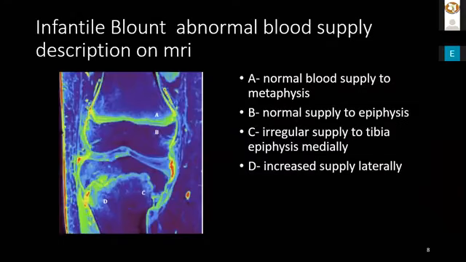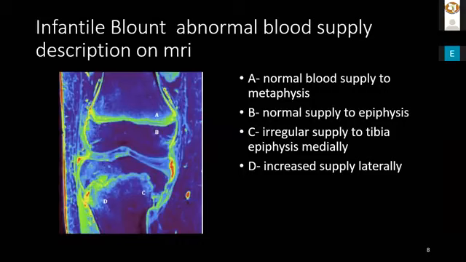On MRI, we are able to describe a few changes. One of them is the blood supply to the tibia as well as the femur side. If you look at that slide, you'll find that the green describes the blood supply.